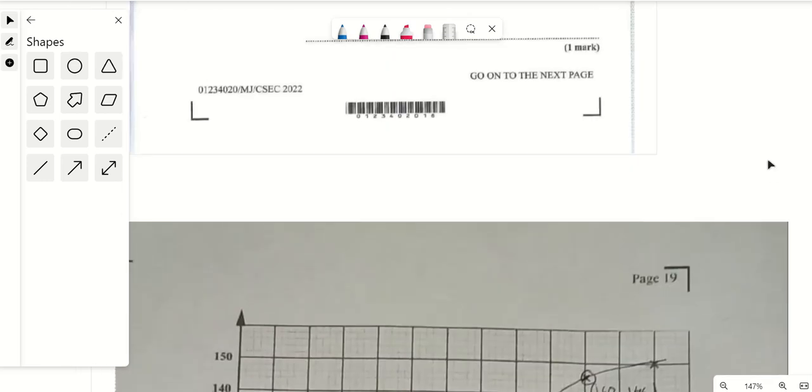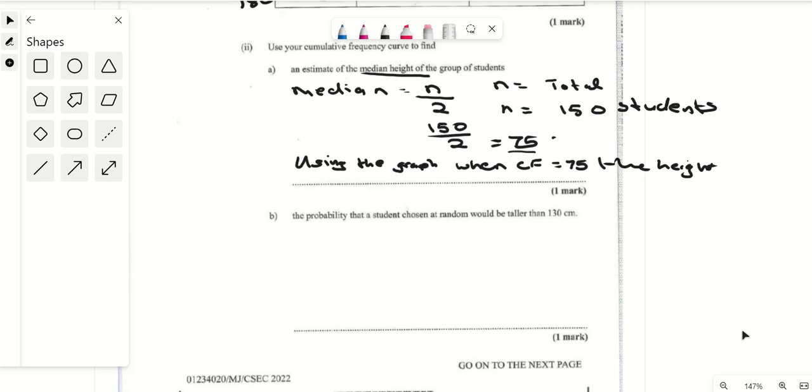So my median height would be equal to 126 centimeters. And that is your answer.